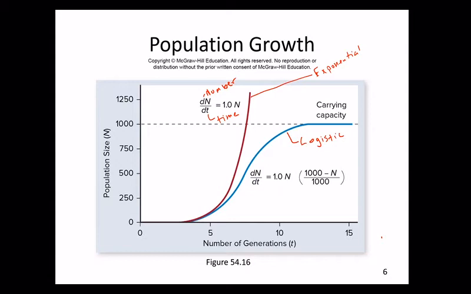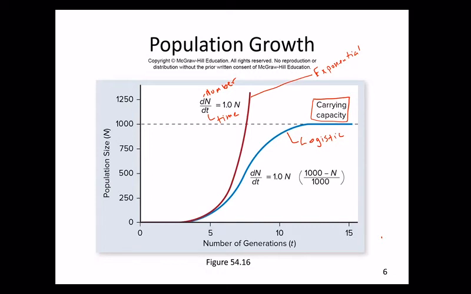Once it reaches that population size, which is referred to as the carrying capacity, there's going to be a slowing in the rate of growth, and eventually the number of births and the number of deaths will equate together, and it'll stabilize the population. So this gives you an example of the two curves.